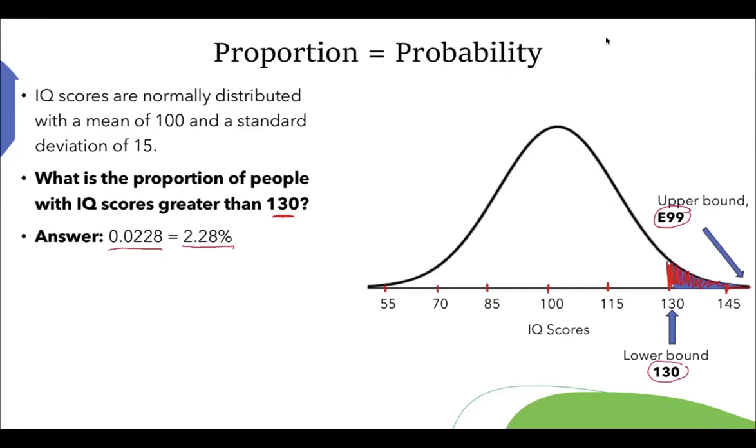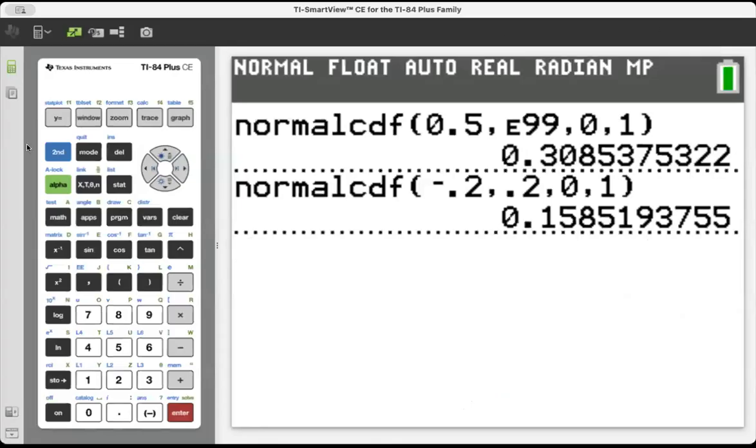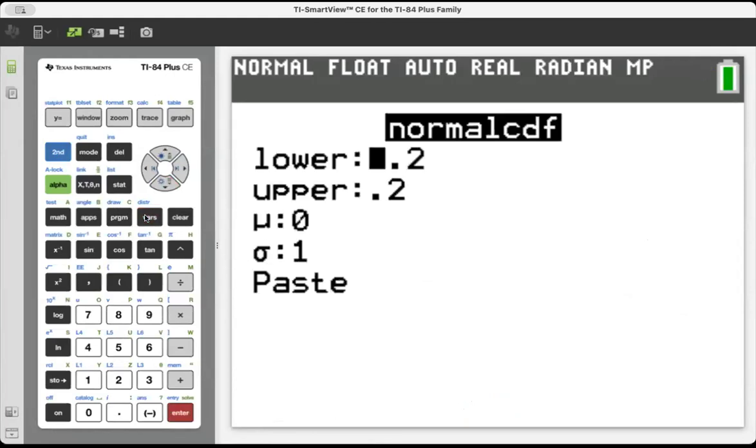I think you know now, but I'll just go over it just in case. Okay, second, distribution, normal CDF. The lower, we said 130. The upper, E99 for positive infinity. Mean is 100.